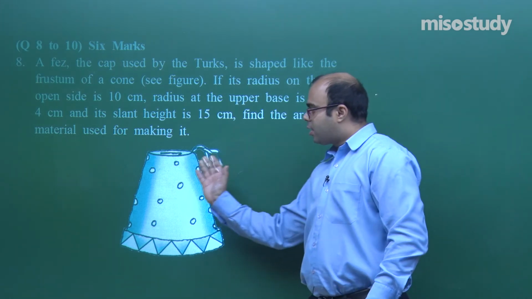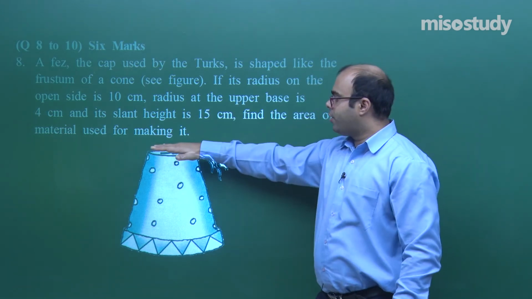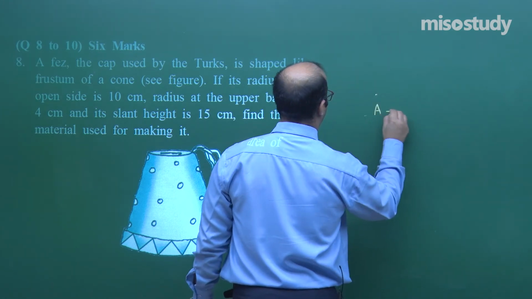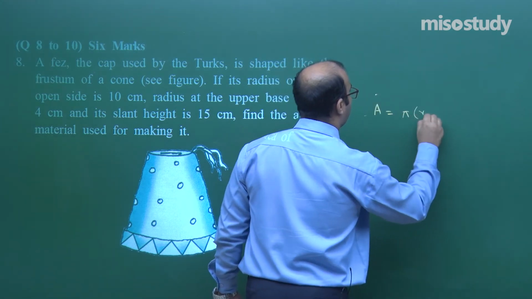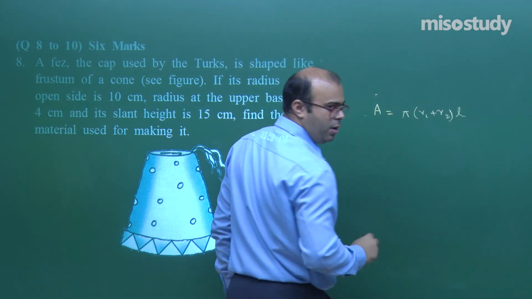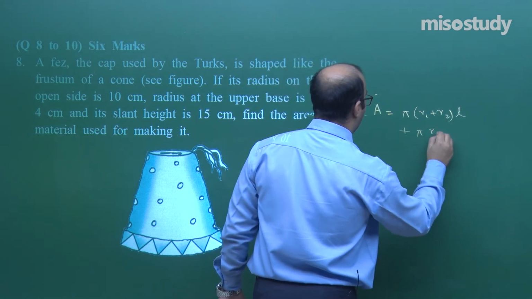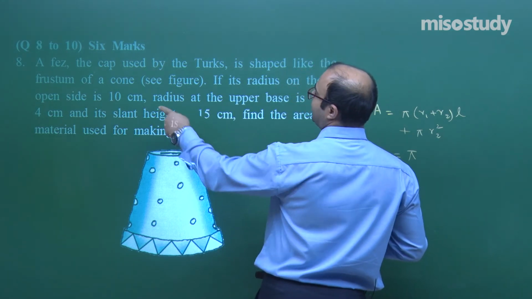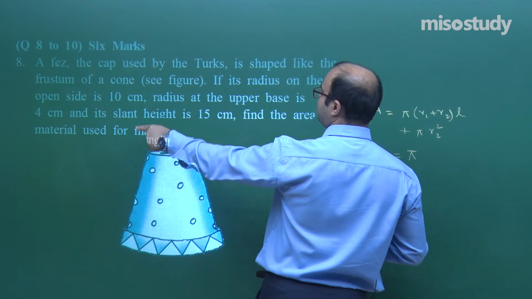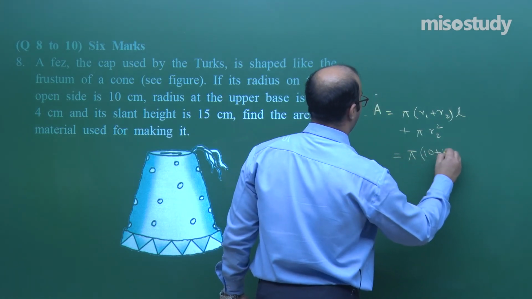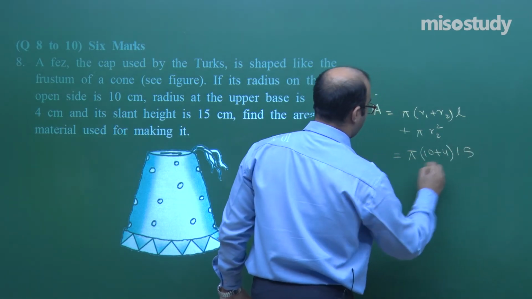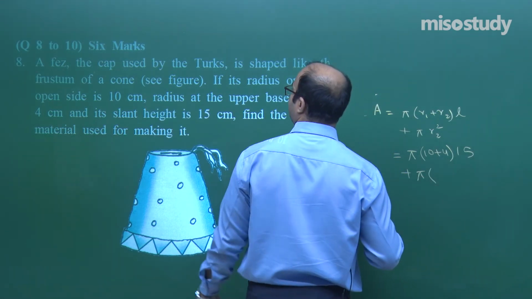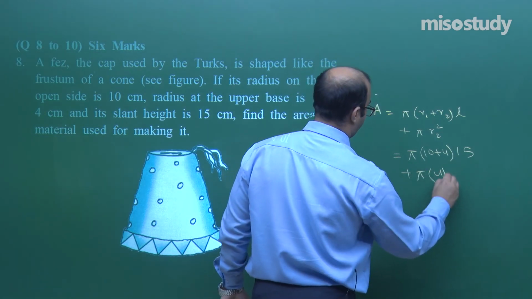So area is basically the curved surface area and the area of the top. Bottom is already open. So what is the area we are making is curved surface area, which is actually pi into r1 plus r2 into L, as we remember, plus pi r2 square, top area. So if we see, r1 and r2 are given as 10 centimeter radius and another is 4 centimeter. So 10 plus 4 and its slant height is 15, plus pi r2 square, that is the smaller radius 4 centimeter. So 4 square.